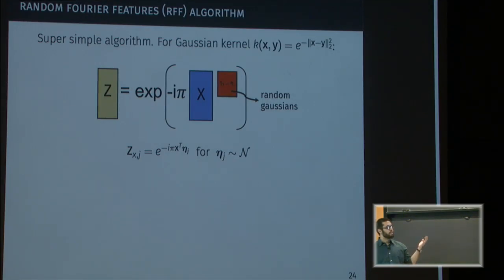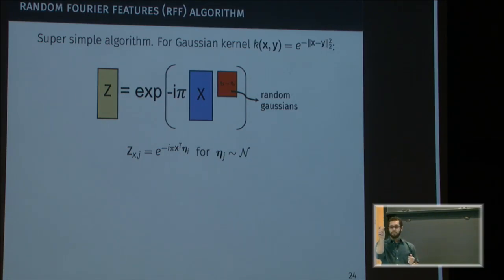And once we had that analysis, this method took off. I just want to take a second to say how you would implement this. You take your data matrix X, and sample your frequencies by drawing them from a high-dimensional Gaussian distribution. So this is just building a random Gaussian matrix. I need to transpose my data vectors, so it's the same as multiplying my data matrix by random Gaussians.